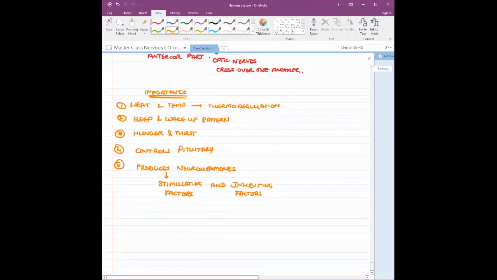Now another important thing about the hypothalamus. This has been asked in your NEET exams over and over again. The hypothalamus always shows the presence of some cytons, and these cytons we call hypothalamic nuclei.